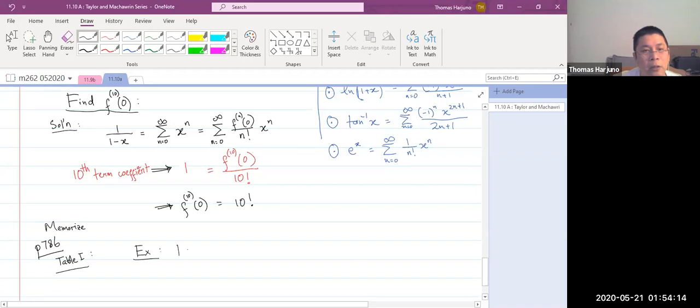The one I want to do next is find the Maclaurin extension, Maclaurin series for y equals sine x.